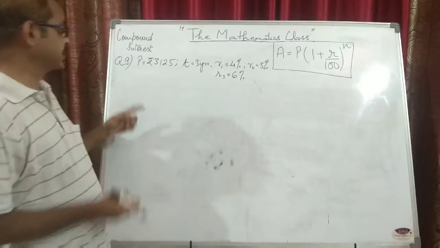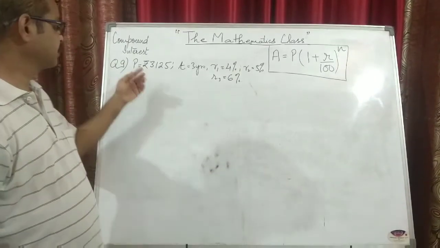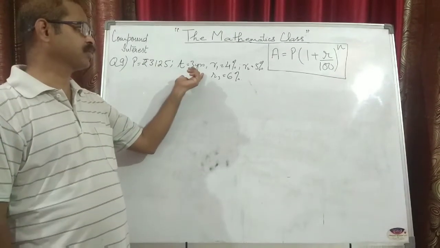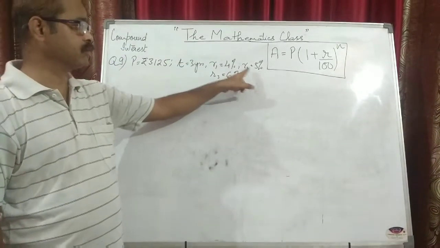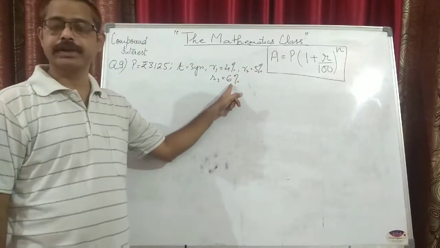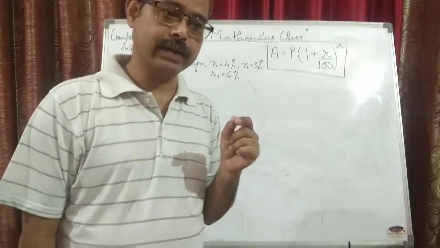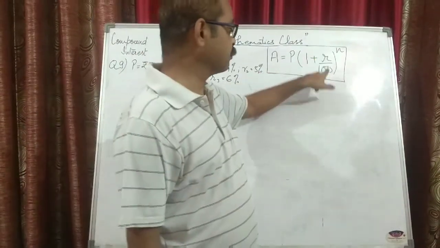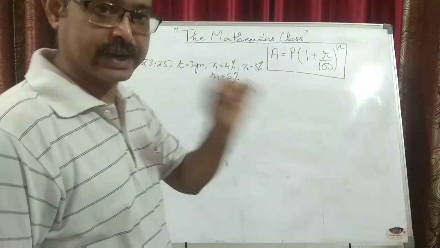Now the 9th question reads: find the amount when 3,125 is deposited for 3 years at different rates of interest. For the first year it is 4%, for the second year it is 5%, for the third year it is 6%. It means we will be using the formula that was told to you, P into 1 plus R1 upon 100 into 1 plus R2 upon 100 into 1 plus R3 upon 100 and so on.